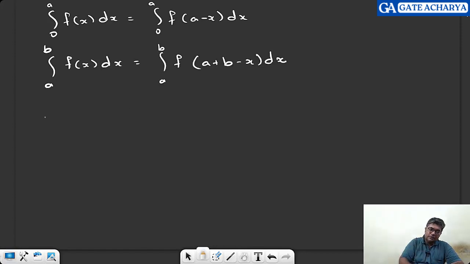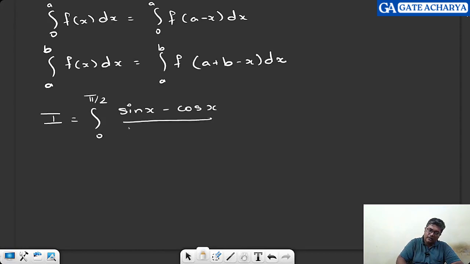So let's come back. My original integration is what? 0 to pi by 2, sin x minus cos x divided by 1 plus sin x cos x. Right? This is my original integration. Now, according to the property, I can replace this integration by 0 to pi by 2, sin, instead of x, I will be replacing what?